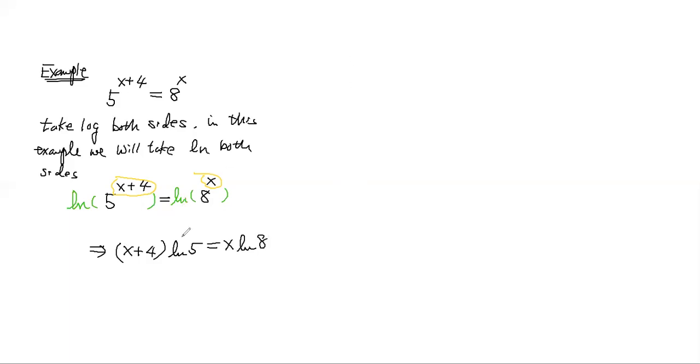So far, so good. Okay, now I distribute it. So now I will have here x natural log 5 plus 4 natural log 5 is equal to x natural log 8. I'm trying to solve for x, right?